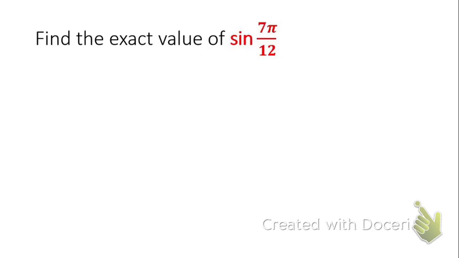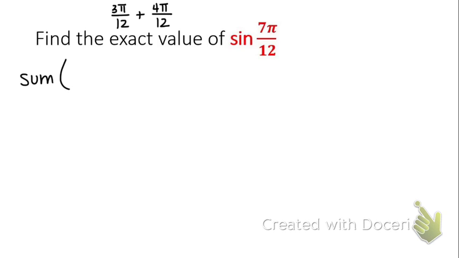We're going to add. So we're going to do our sum formula. And we're actually going to add because if you take 3 pi over 12 plus 4 pi over 12, you get 7 pi over 12.